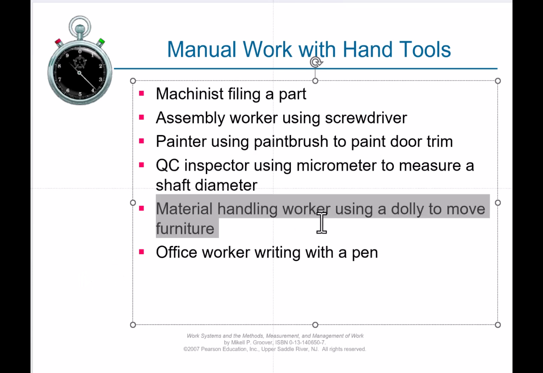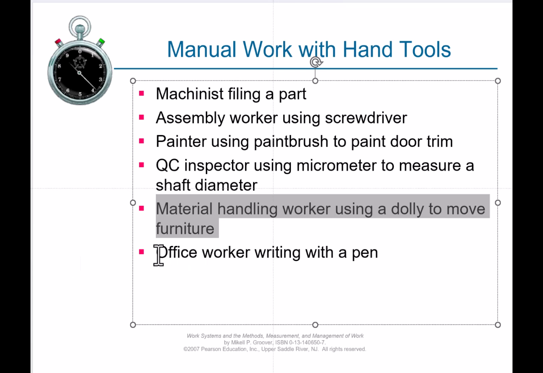Sometimes related to material handling, in pretty much companies that are not high tech, they still use a dolly. Whereas probably your new design might be establishing a conveyor system between two workstations or between two departments to eliminate the use of a dolly between workstations.